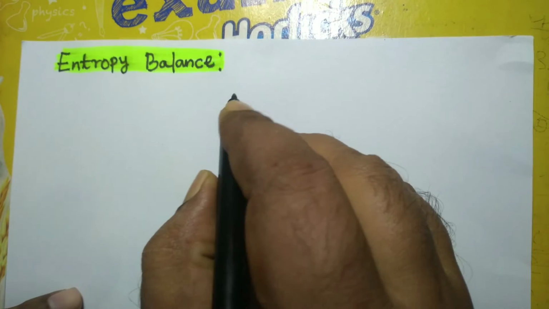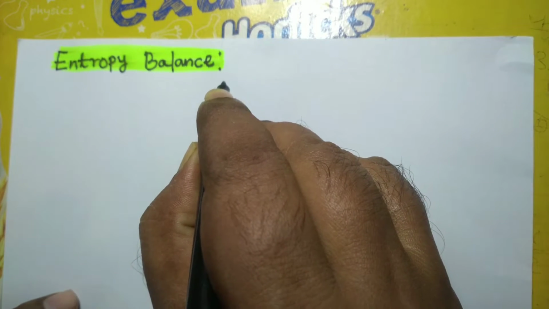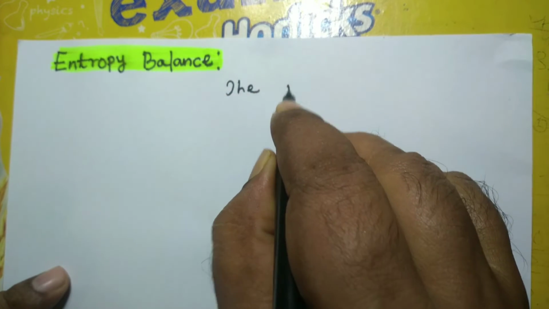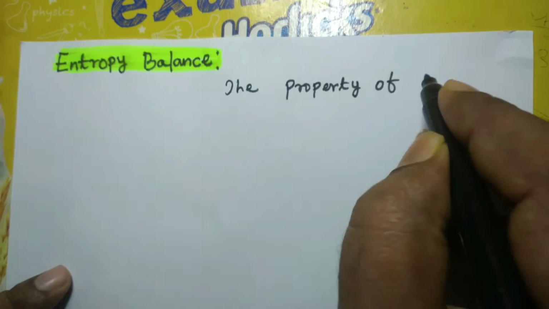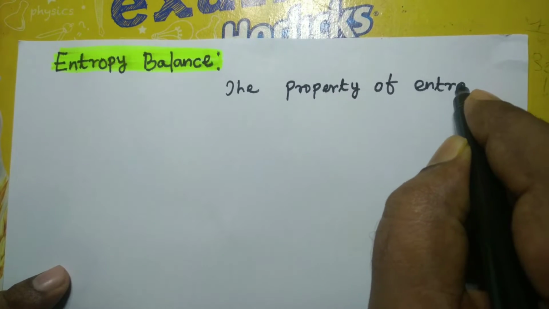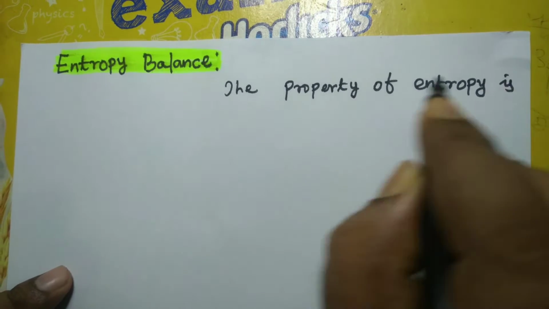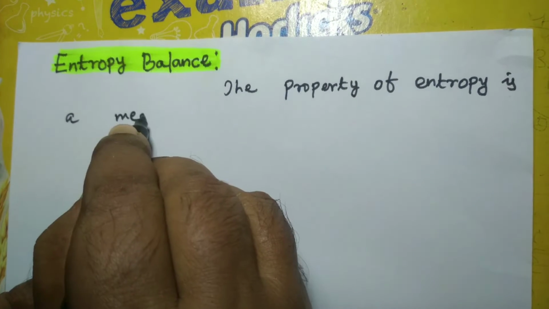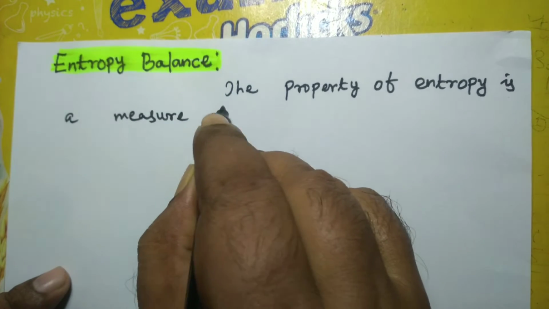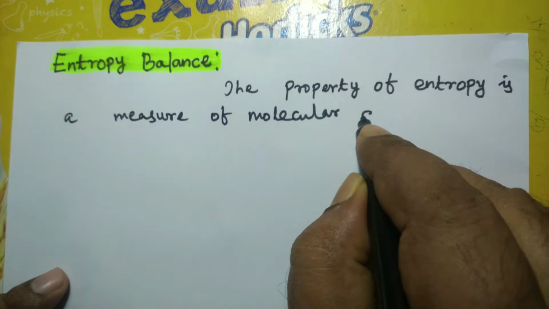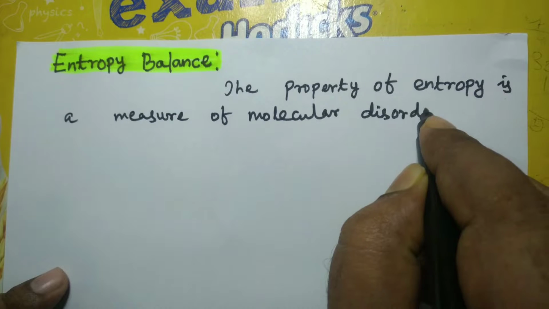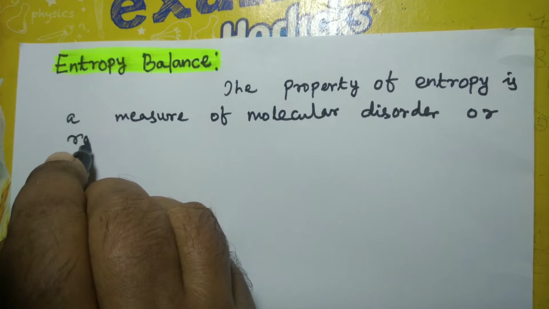Let's get started. So, what is actually entropy balance? We know that the property of entropy is a measure of molecular disorder or randomness.